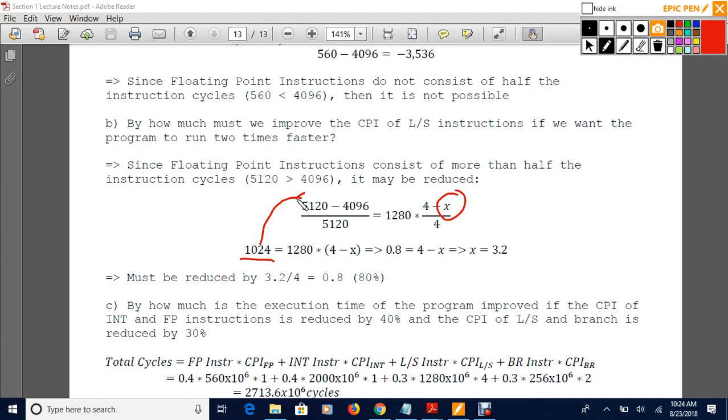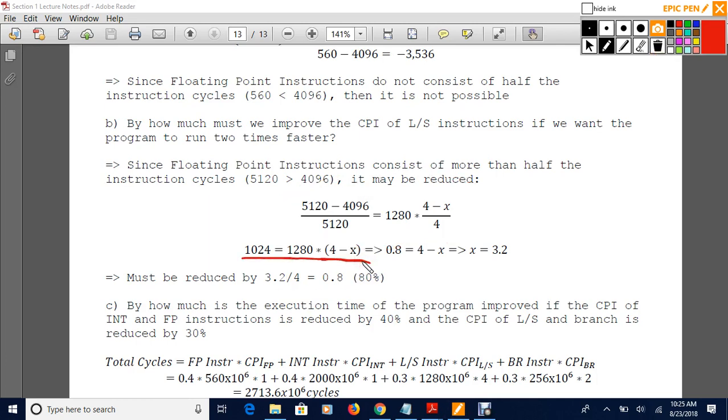And then what ends up happening is, if you multiply both sides by 4, it cancels them out. So you solve for it. This is the result, right?